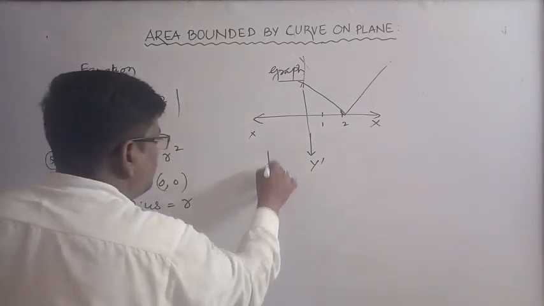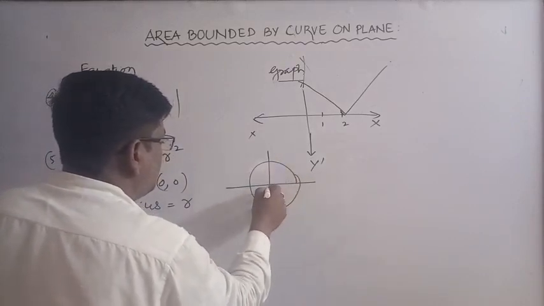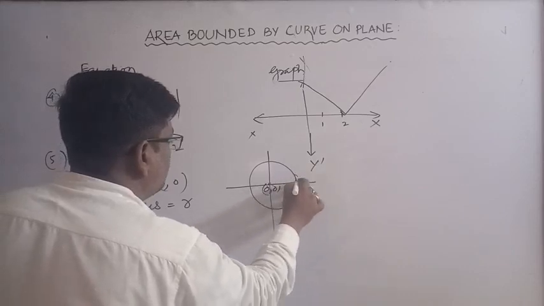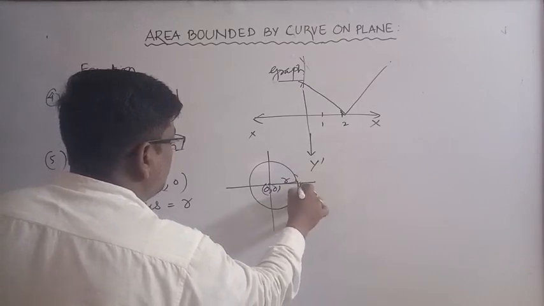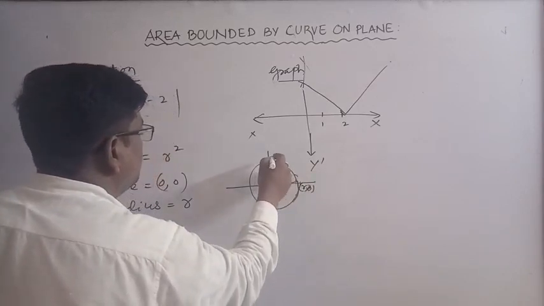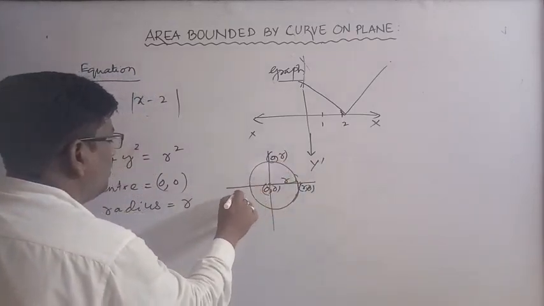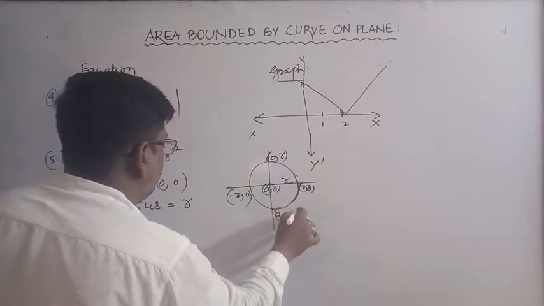So the circle is like this. This is the center 0, 0, and the radius is r. This point is r, 0; this point is 0, r; this point is minus r, 0; and this point is 0, minus r.